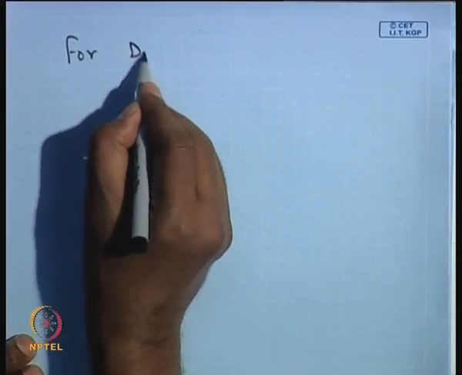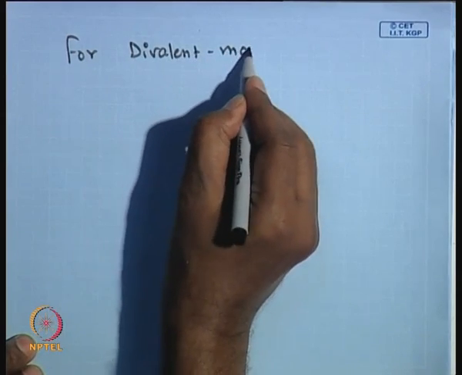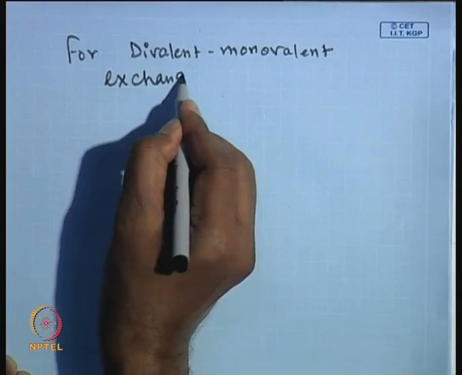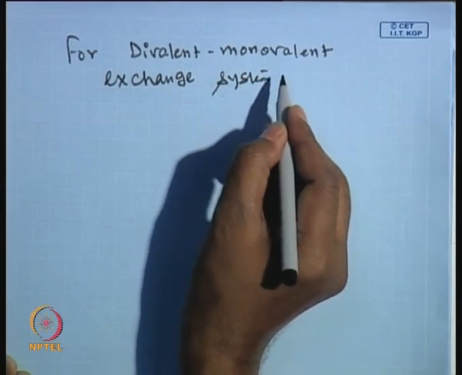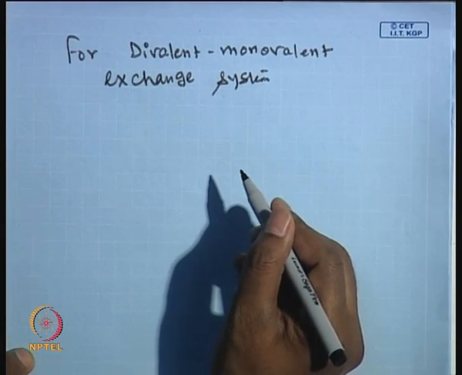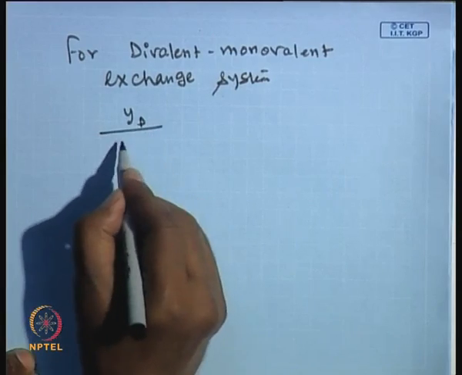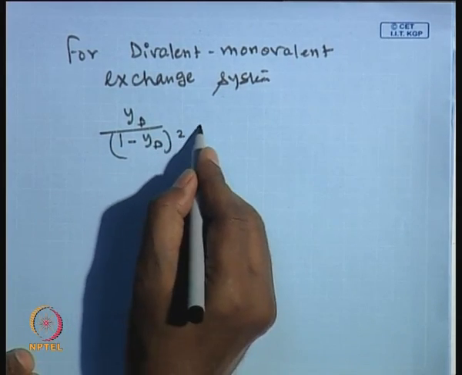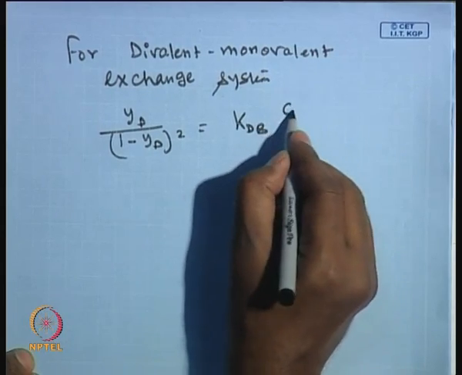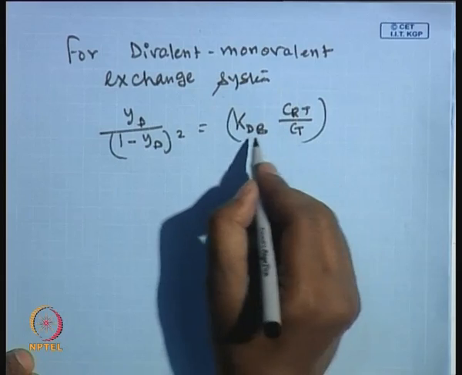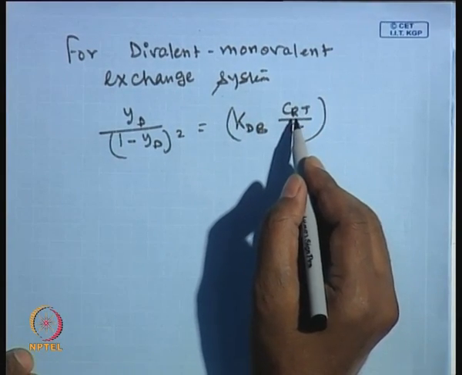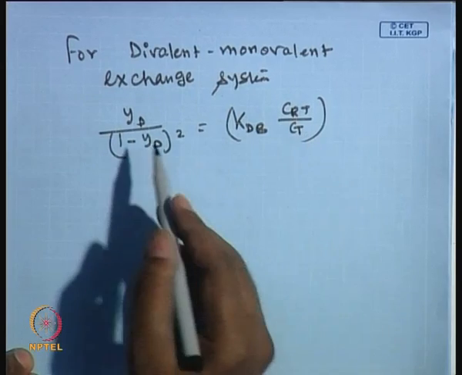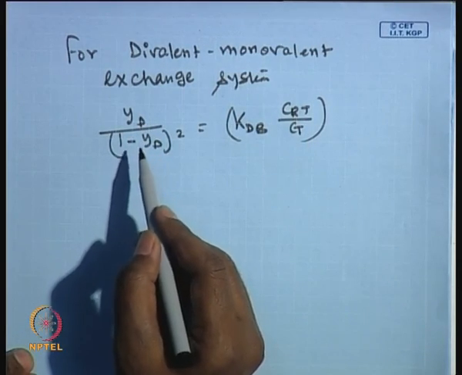For the divalent monovalent exchange system, which is of primary interest to us, that means calcium or magnesium will be exchanged by sodium plus, it will be Y_D divided by (1 minus Y_D) square is equal to K_DB multiplied by C_RT divided by C_T. K_DB is the equilibrium constant, C_RT is basically the total concentration in the resin phase, solid phase, and C_T is the total concentration in the liquid phase, and Y_D is the mole fraction of the divalent cation. Okay.